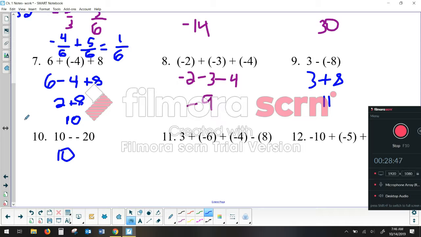We have 10 minus the opposite, doing the opposite of minus, 20. It's 30.